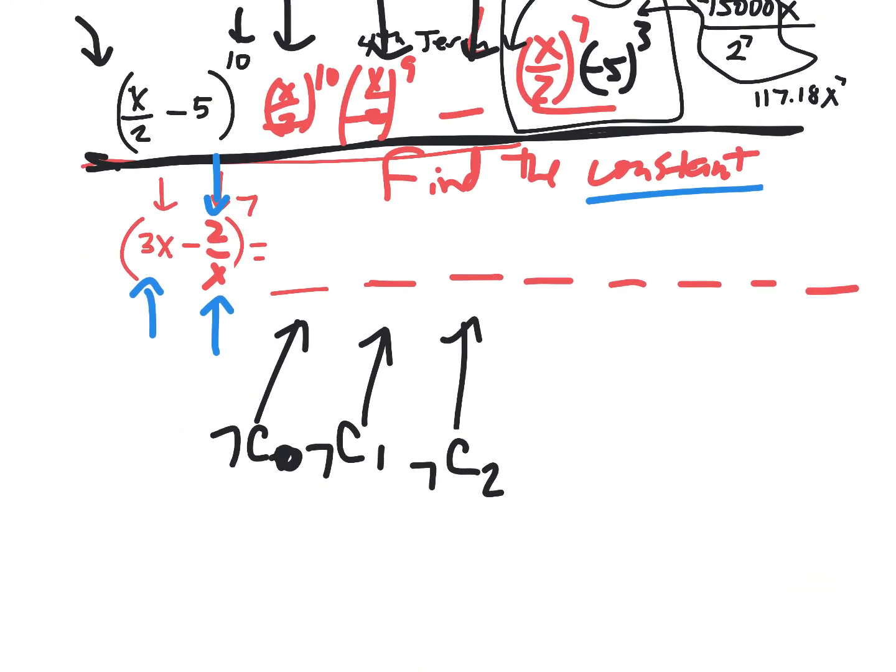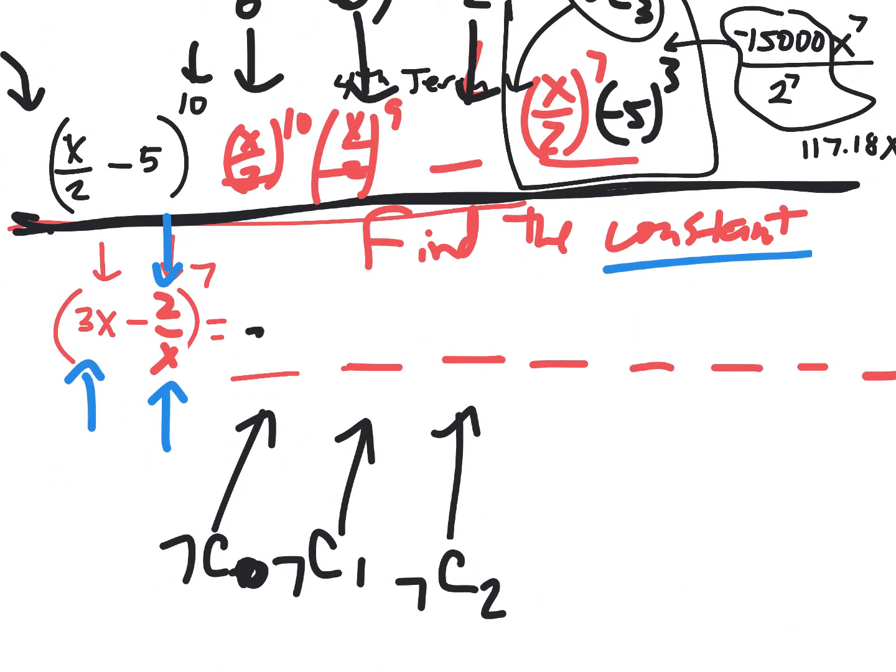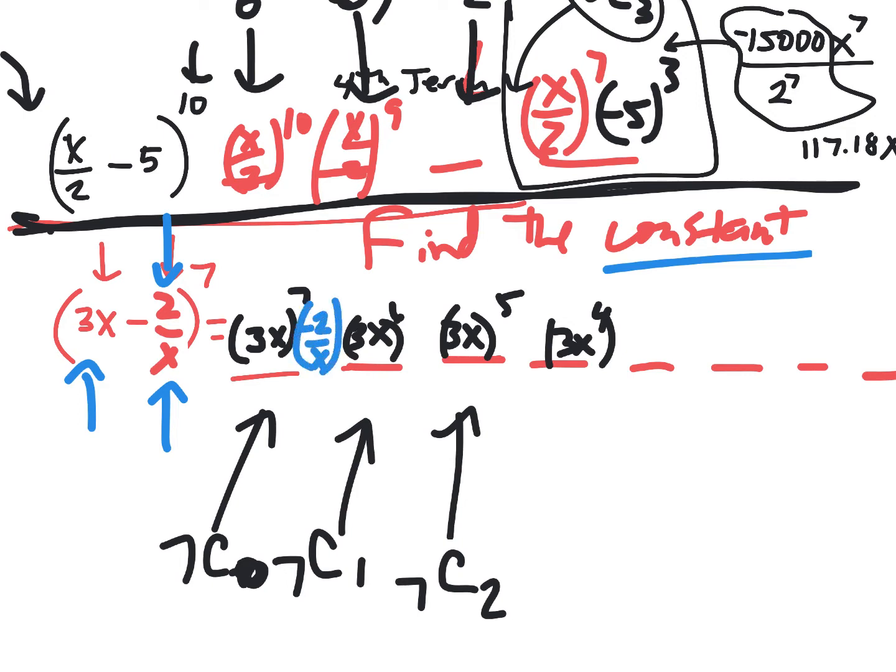Now this one, find the constant. So we'd start with 3x to the 7th, and then you might want to just do it pretty quick because you're just looking for the spot where they're going to overlap, and it's not going to be right at the beginning. And then I'd start thinking about the other one, and I'd start going, okay, well, this one's going to be negative 2 over x to the 0, obviously not it, to the 1st, no, the x's wouldn't cancel, to the 2nd, to the 3rd, ooh, that was a near miss.